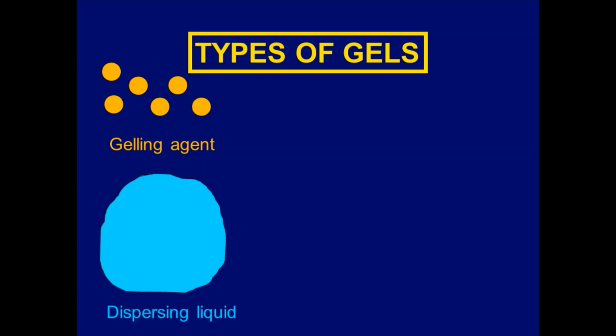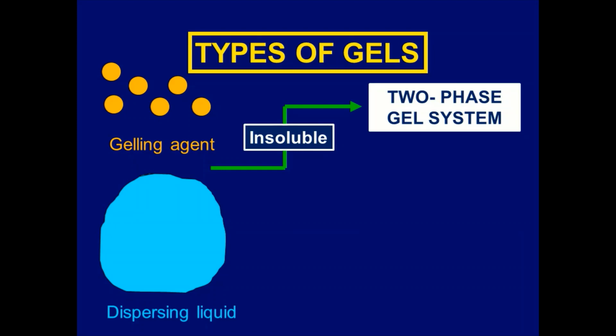So what about types of gels? As we know, gels are composed of a gelling agent dispersed in the dispersing liquid. According to the solubility of the gelling agent in the dispersing liquid, gels are classified into two classes. When the gelling agent is insoluble in the dispersing liquid, you will get a two-phase gel system, and it's logical. The gelling agent is insoluble in the dispersing liquid, so when they are mixed together, they still form two phases.